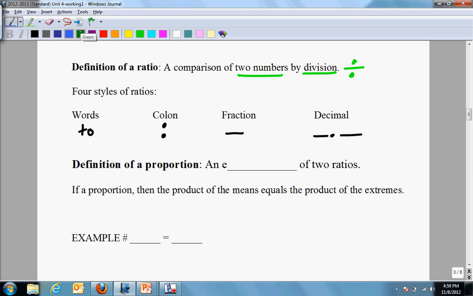Let me give you an example. There's a ratio, 3 to 4. That would be a ratio using the word to. Or what's common among cleaning solutions is the colon style, 3:4. That's a ratio.